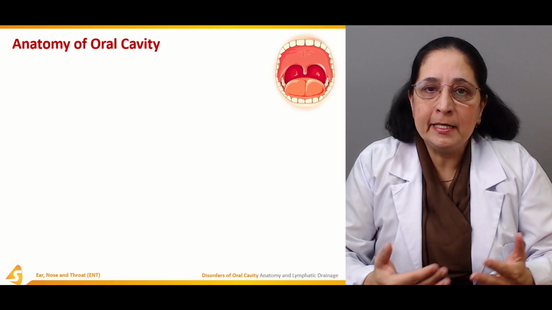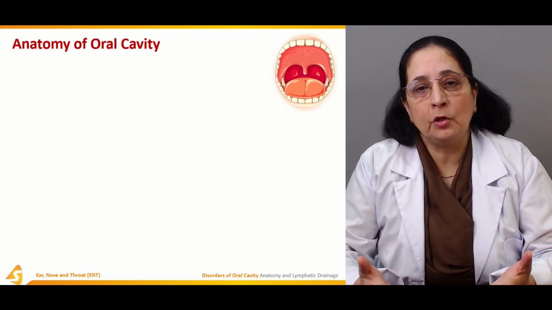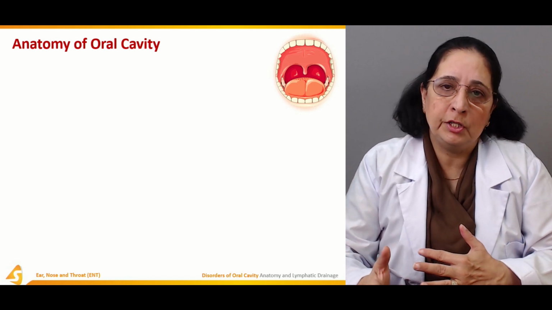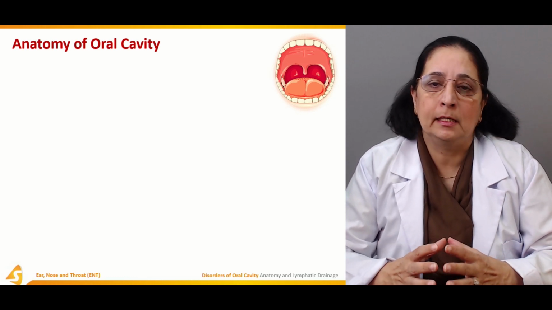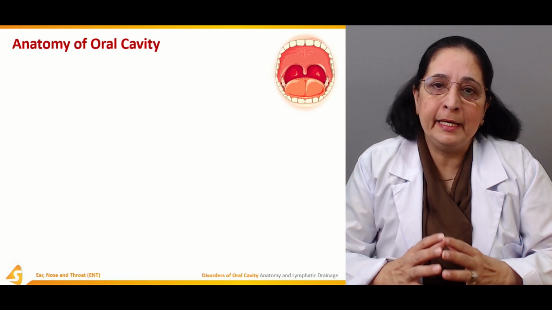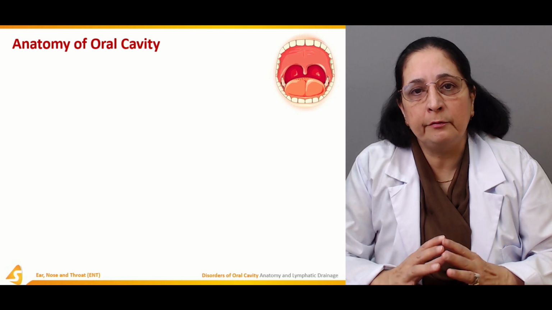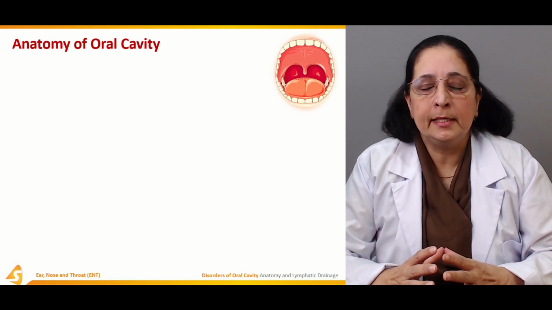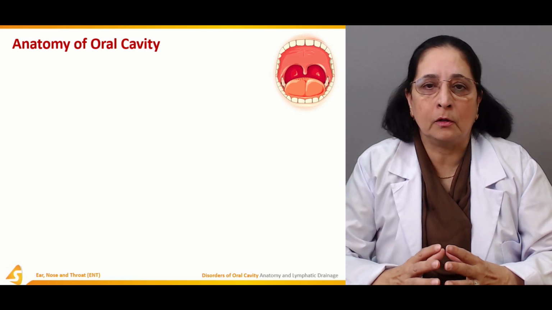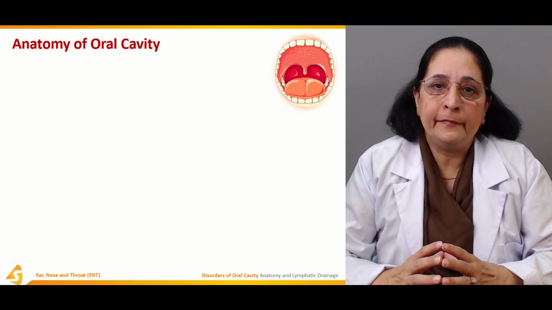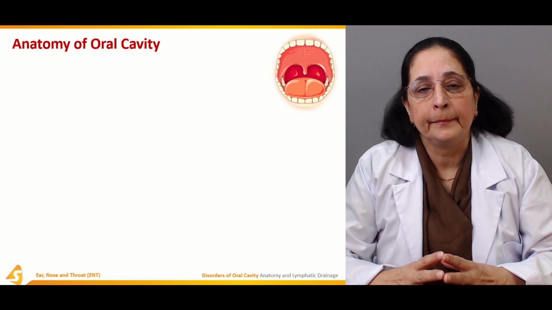I keep on repeating the basics of what is anatomy, what is physiology, and then what is pathology, histology, cytology. So we should know the meaning of these basic words used in the medical terminology very commonly. Anatomy is the study of the structure of the part of the body or organ of the body, and physiology is the study of the normal function of the body.